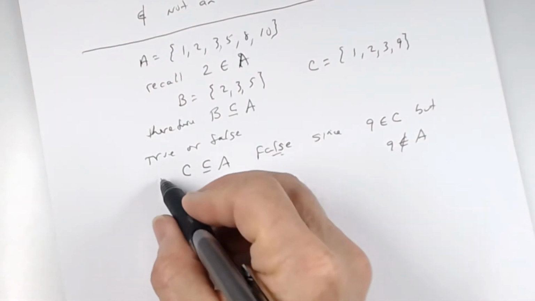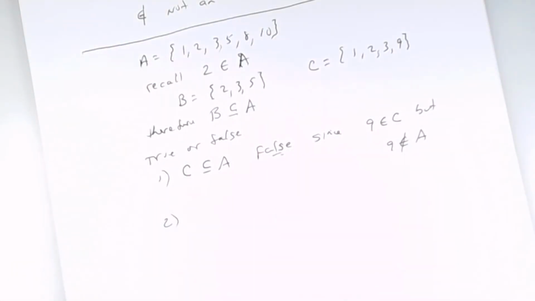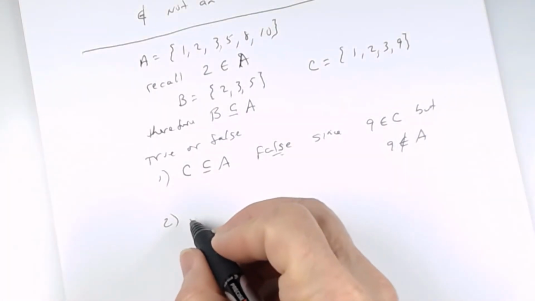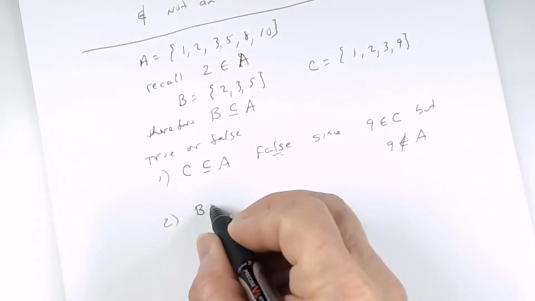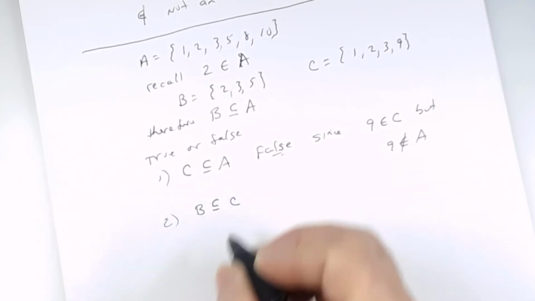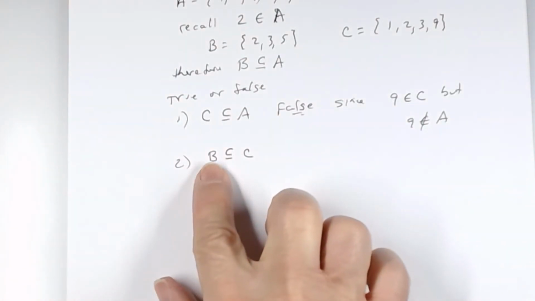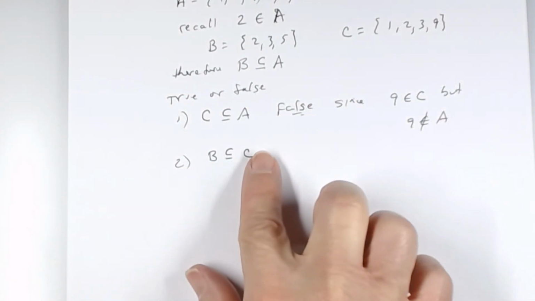True or false? So that's number 1. Number 2, true or false? Is B a subset of C? B is a subset of C. That's false because B has what element that's not in C? 5.